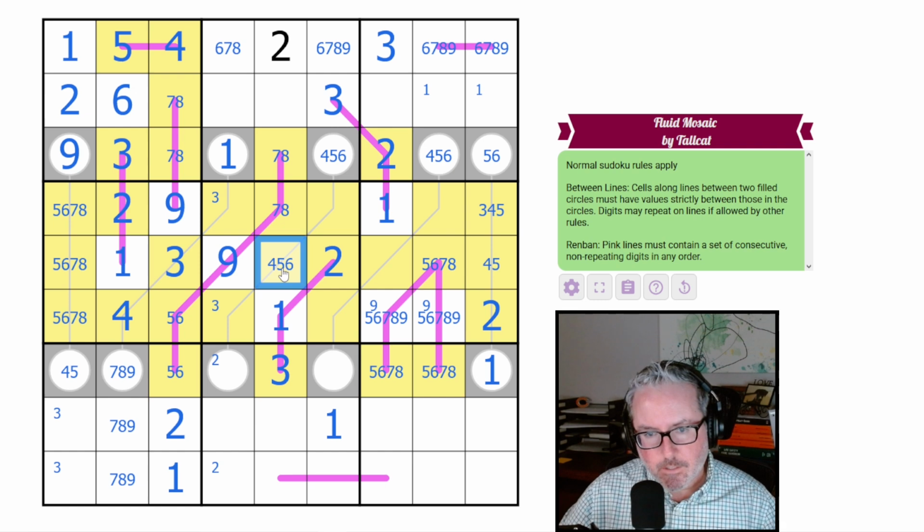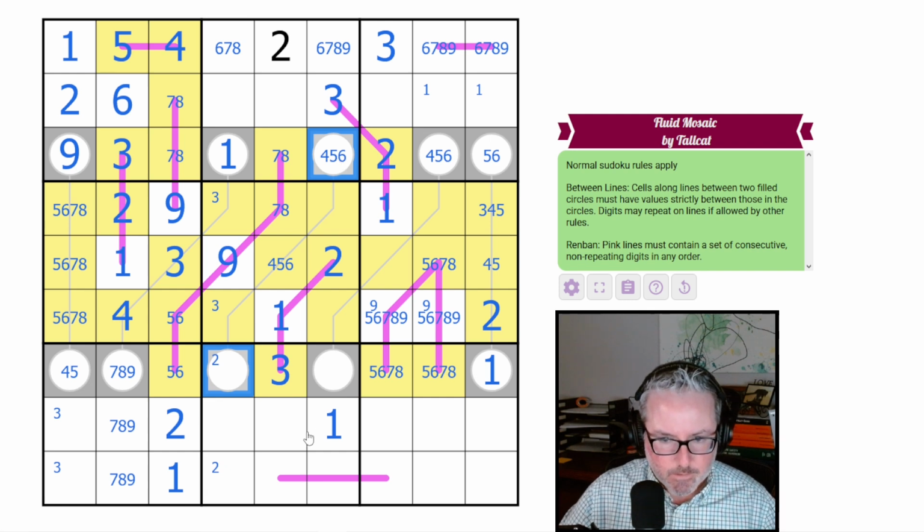We're going to have 1 digit lower. 6, 4, 6. Ones, twos. So one of these is going to be lower than 4, 5, 6. One of them is going to be higher than 4, 5, 6. We don't quite have a quad or a trip yet to work with here.